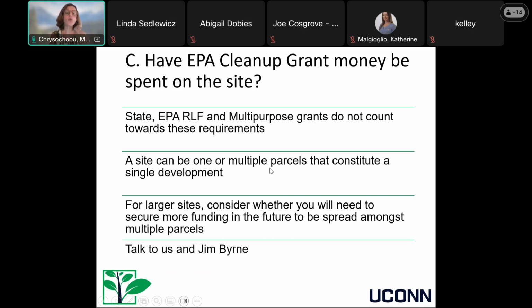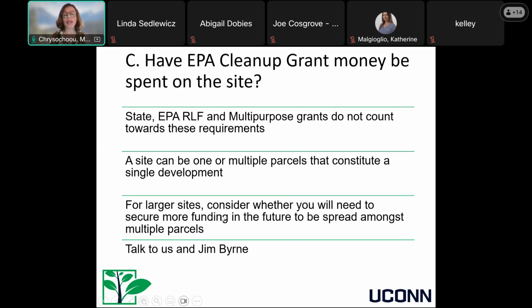Now, how do we define a site? That can be a single parcel or it can be multiple parcels. There are, for example, very large mill sites or other types of old factories that don't only have one parcel, but multiple parcels. How you define your site is up to you at the time of submission.